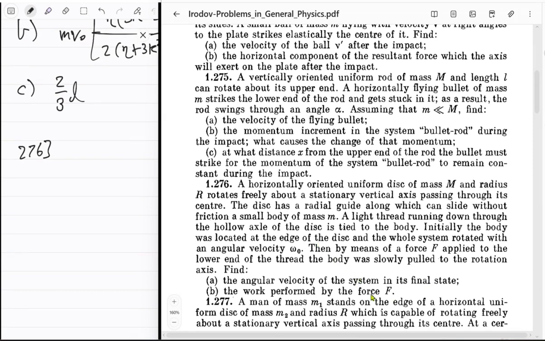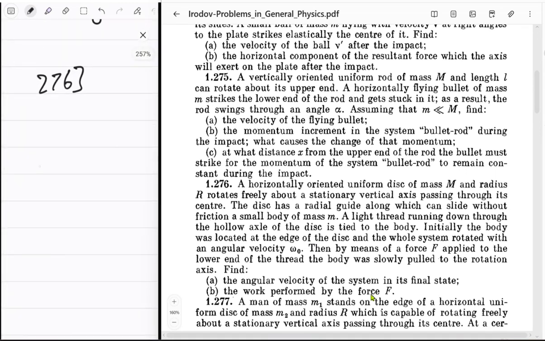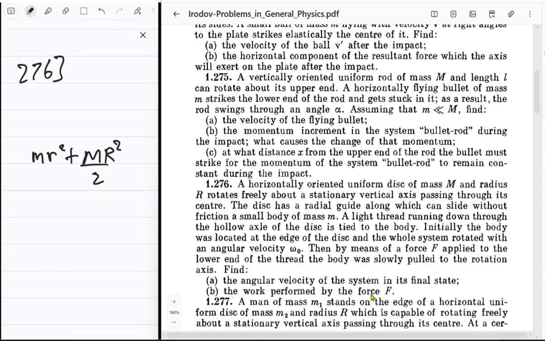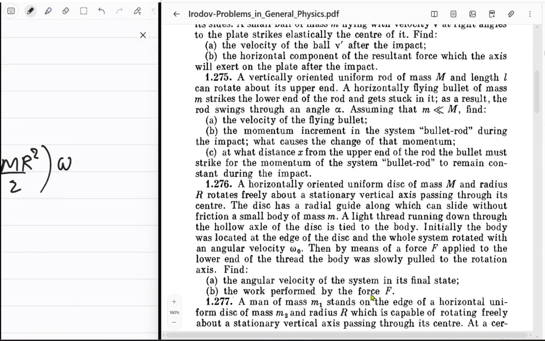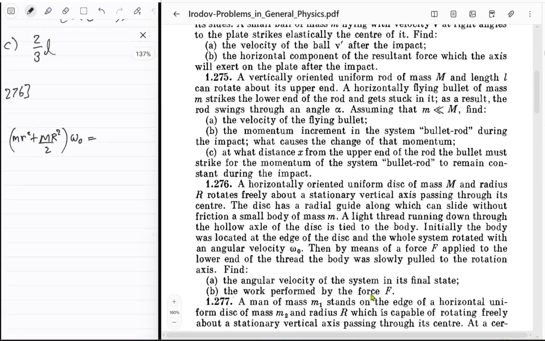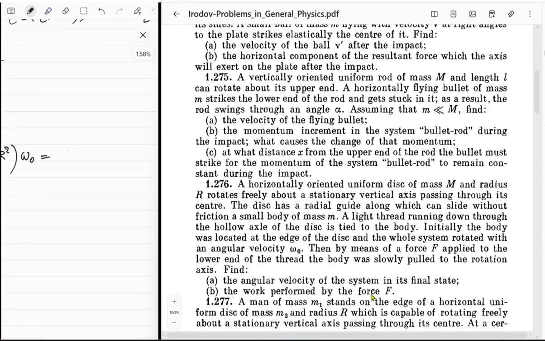First of all, figure out the angular velocity of the system in its final state. So what is the angular momentum? Initially the body was at the edge of the disk. Inertia initially was just mr squared plus Mr squared upon 2, times omega naught, is equal to, finally, this guy doesn't have any inertia, just Mr squared upon 2 times omega.